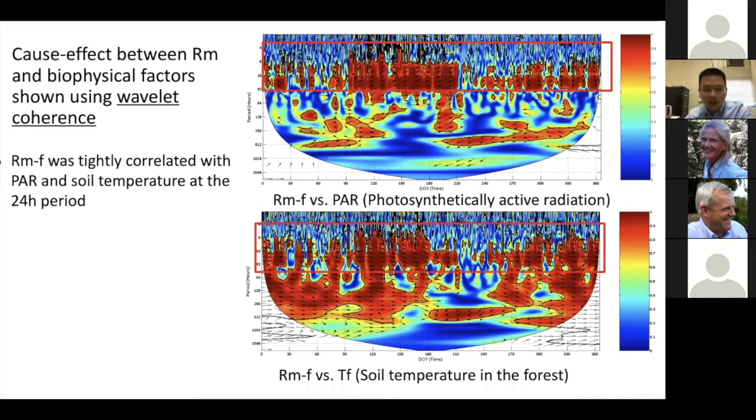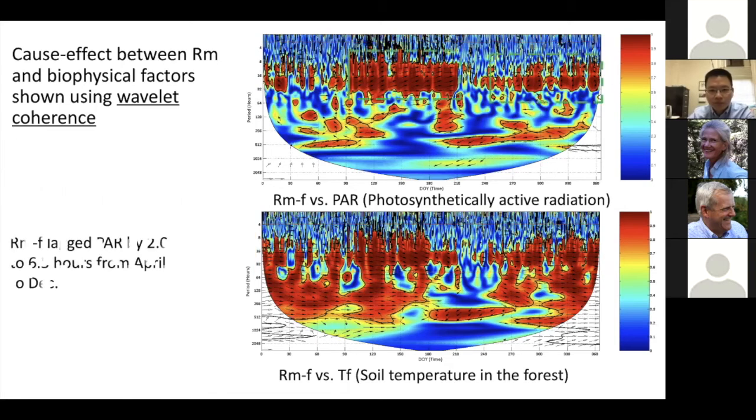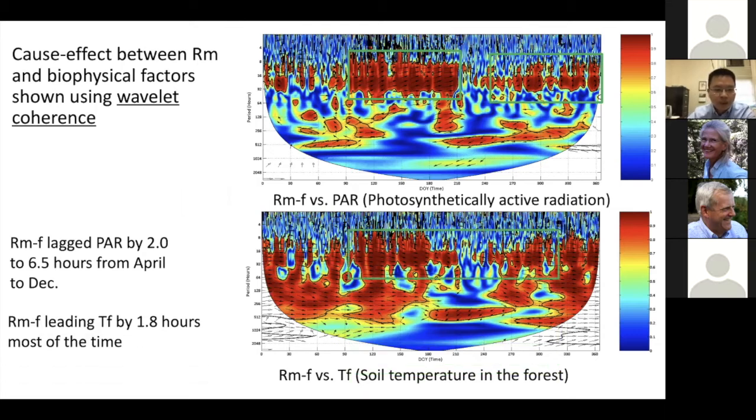So first, I found the RM was tightly correlated with the PAR and the soil temperature both at the 24-hour period. But based on the arrow direction, I found the RM lagged the PAR by 2 hours in the growing season and 60.5 hours in the drought season. And last, I found the RM leading the soil temperature by 1.8 hours most of the time.